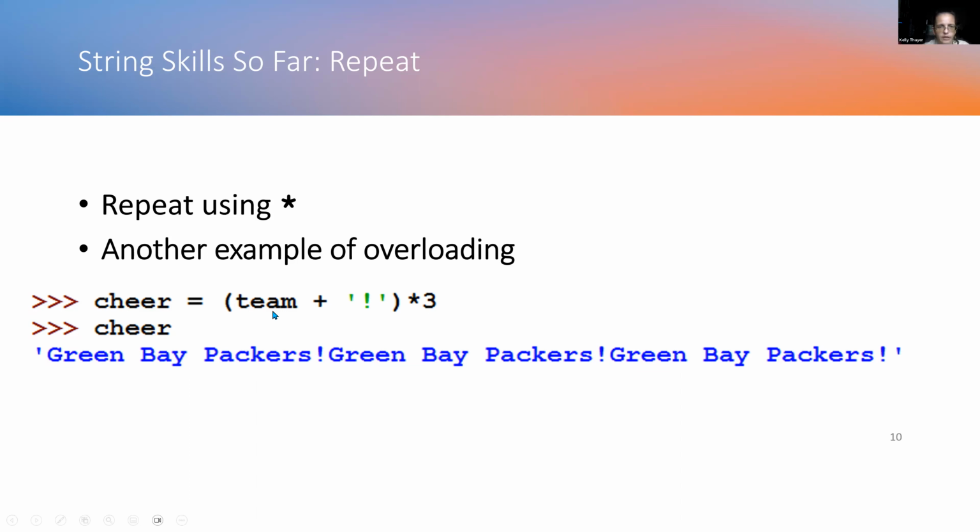So here we have team plus an exclamation point, and then we're going to plug in the value of team, which we had as Green Bay Packers from before, and then we'll have the cheer print out 3 times, so we get 3 cheers for the Green Bay Packers.